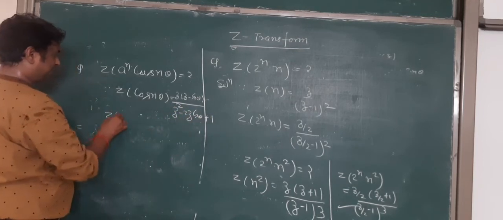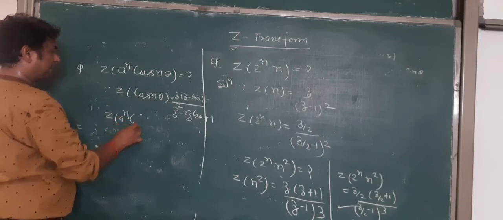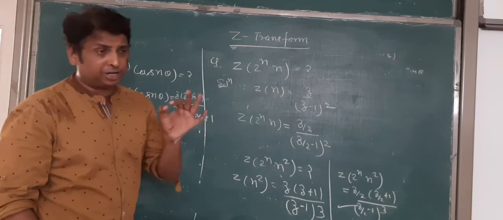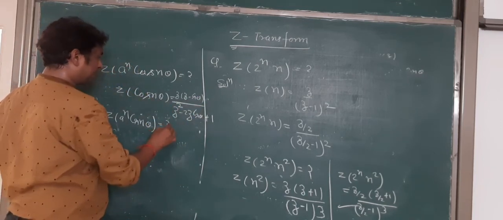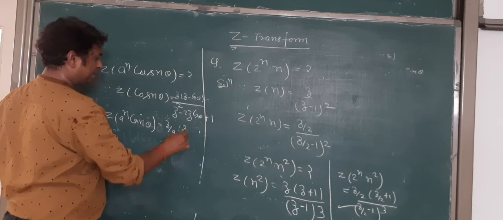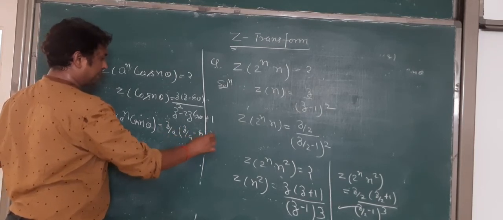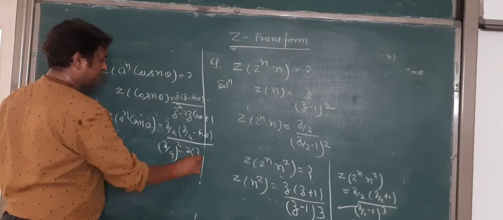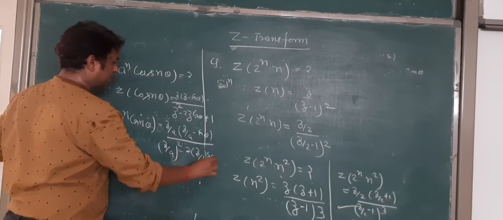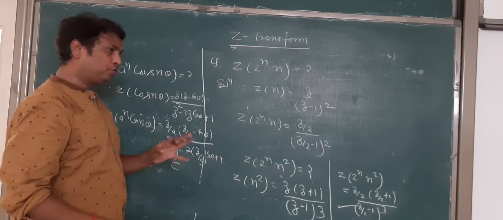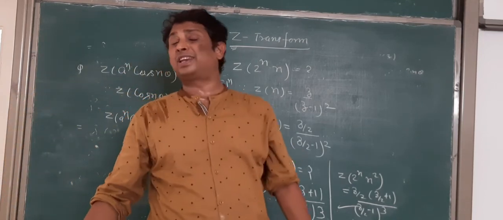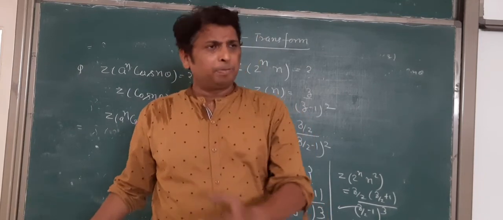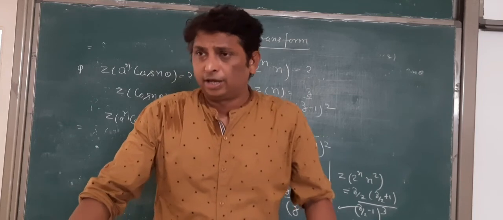So for z of a to the power n cos n theta, just replace z by z by a. So what we get? z by a minus cos theta upon z by a whole square minus 2 z by a cos theta plus 1. Simplification you will do, otherwise the video will become lengthy. That's why I'm not doing the simplification, because I know that you can do it easily.